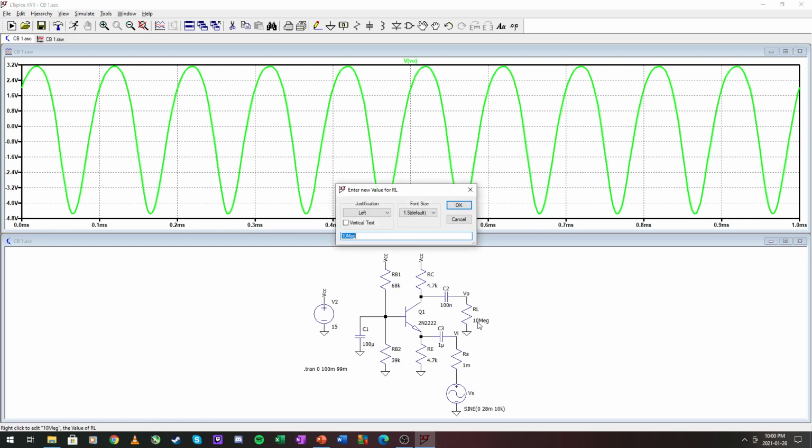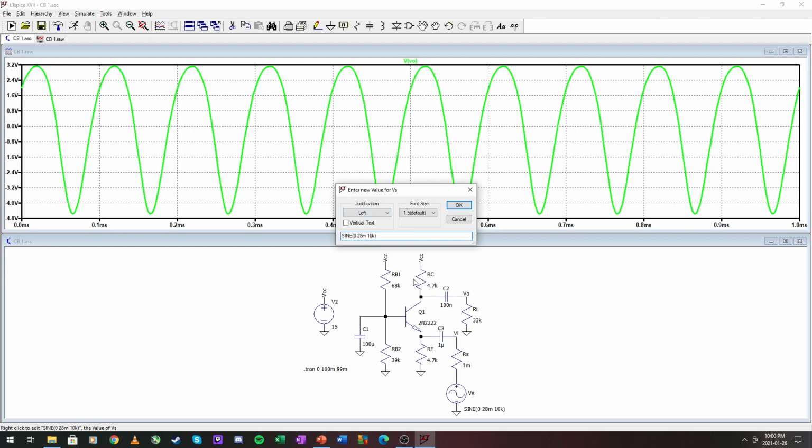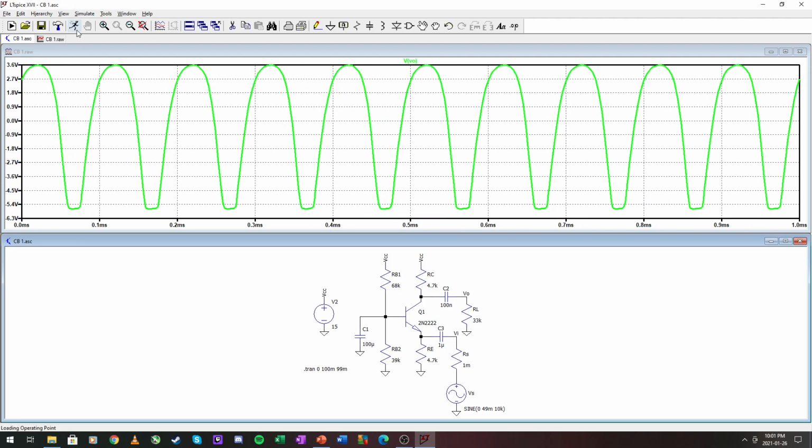Okay, adding the load, I think that was 33 kilo ohms, and the input of 49 was the one. So this should be clipping and distorted. There we go. So clipping on the one side and very non-linear on the top.